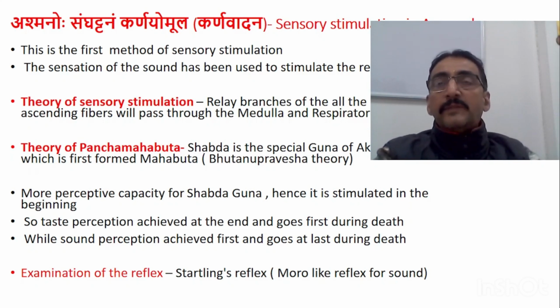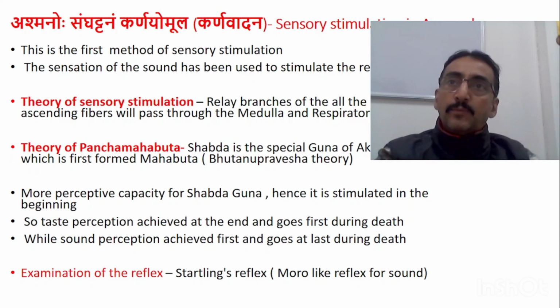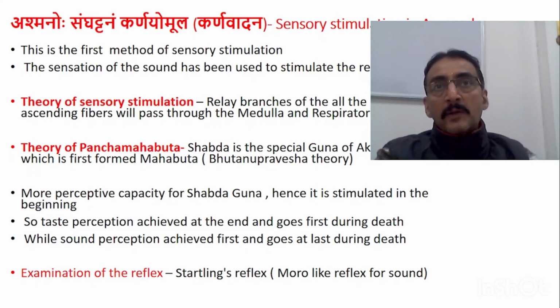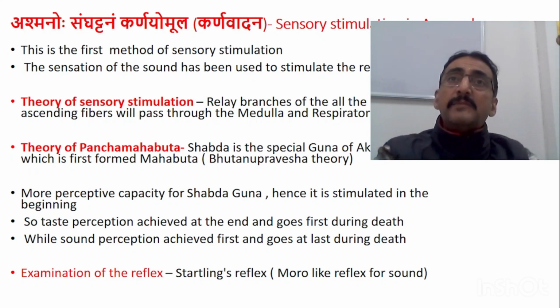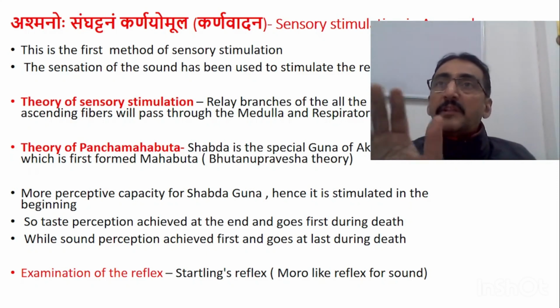Now, it is a well-known fact that when all the sensory fibers are traveling upwards through the tract of cuneatus and tract of gracilis, along with the proprioceptive fibers and some other sensory fibers, they always give a relay branch to the respiratory center. The respiratory center is present in the medulla, and when these sensory fibers pass through the medulla, they also give a branch to the respiratory center.